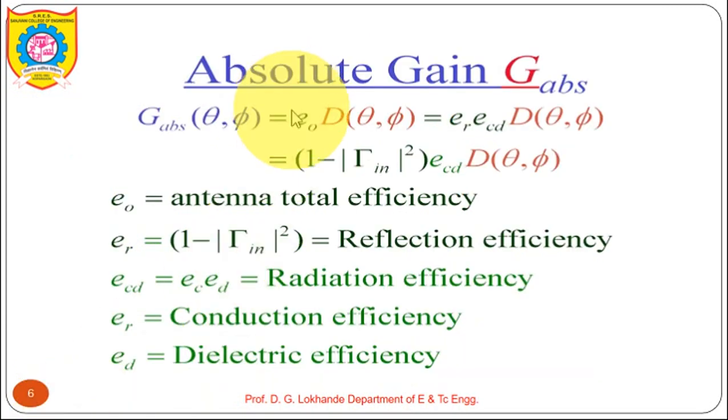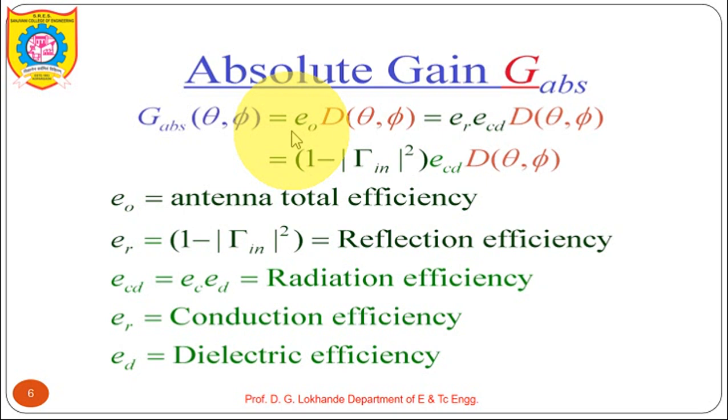Now here we try to understand the absolute gain, G abs. The absolute gain related with theta and phi is equal to E0 into D of theta comma phi, which is equal to E of R into ECD into D of theta comma phi.